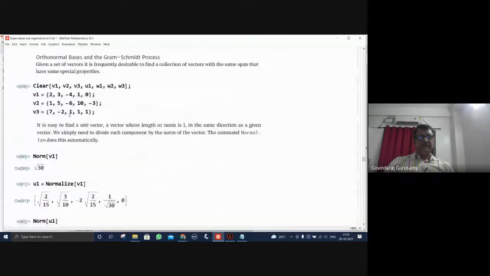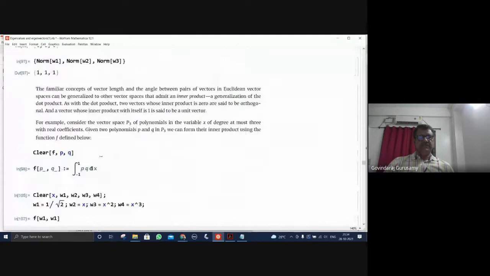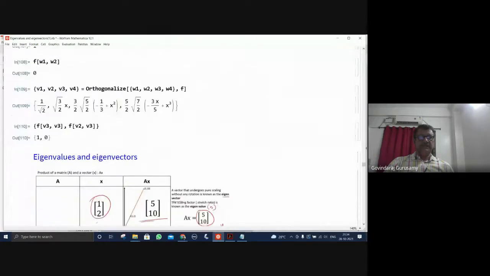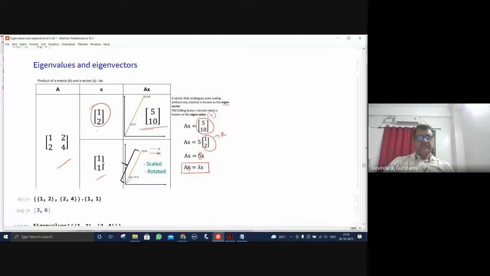Okay. And I have given an example, and normalization, orthogonalization is also described here, which I have already described. And the simple eigenvalue, eigenfunction is very easy for us to understand. I have a matrix, multiply with x, Ax equal to lambda x. Okay. So you can see here, the vector is being scaled by a factor of 5.